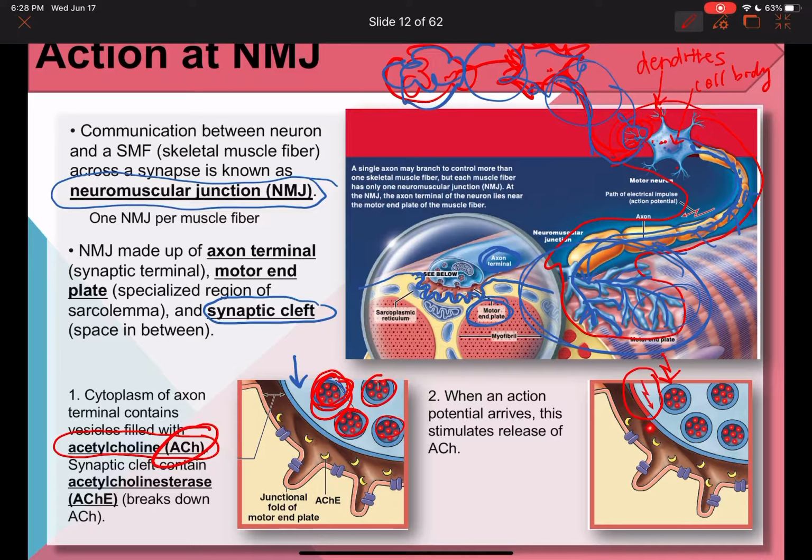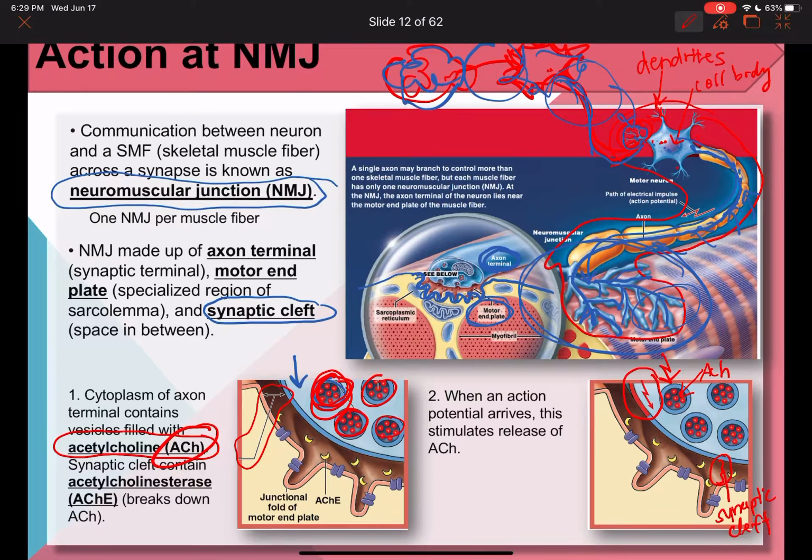And when the signal arrives, it will stimulate the release of these neurotransmitters, which are the little red balls here, called ACH. Okay, and the ACH will go into the synaptic cleft. Okay, so this right here is the synaptic cleft. That's what this arrow is referring to, that synaptic cleft between the axon terminal and the motor end plate.